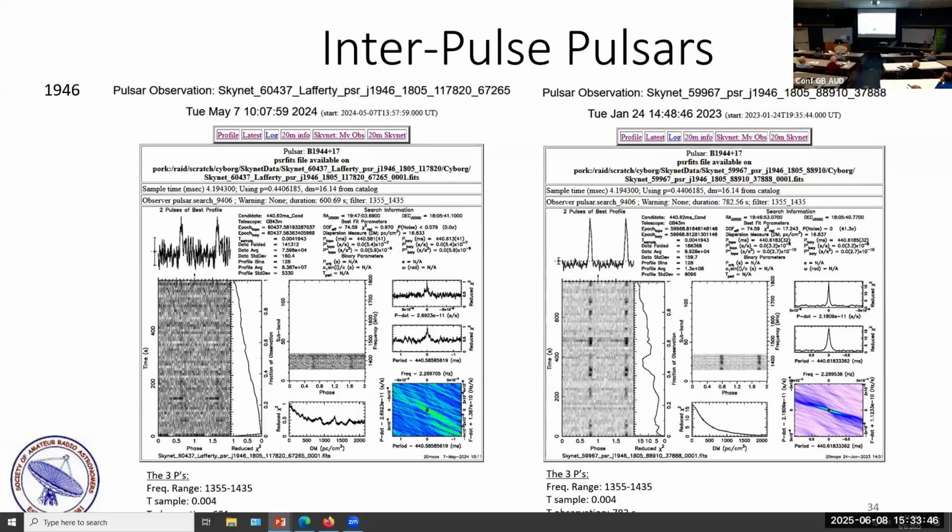The one on the left has 601 seconds. The one on the right is slightly better. So an extra 180 seconds made a difference there as far as getting a clear profile. You don't always see the interpulse.